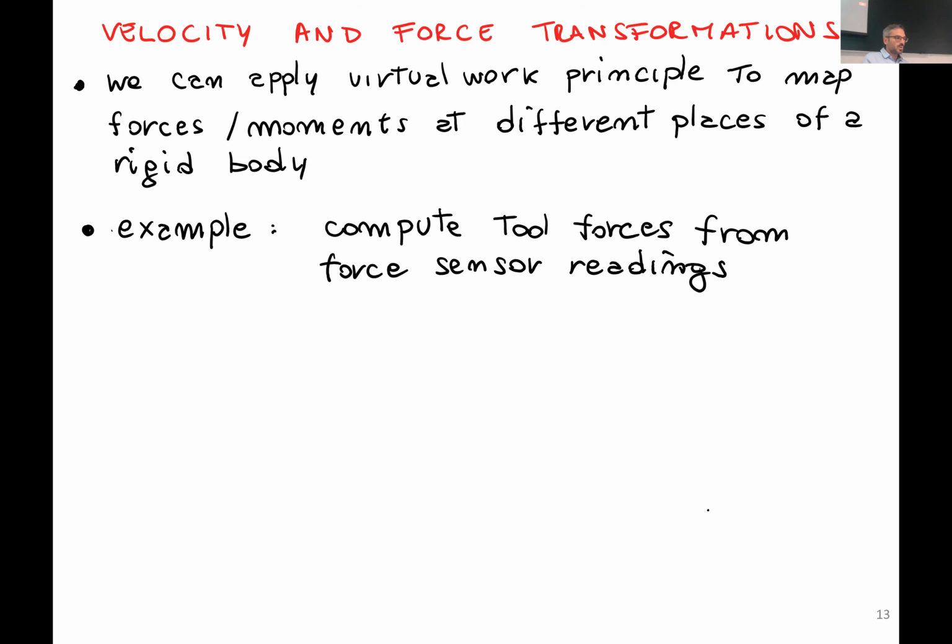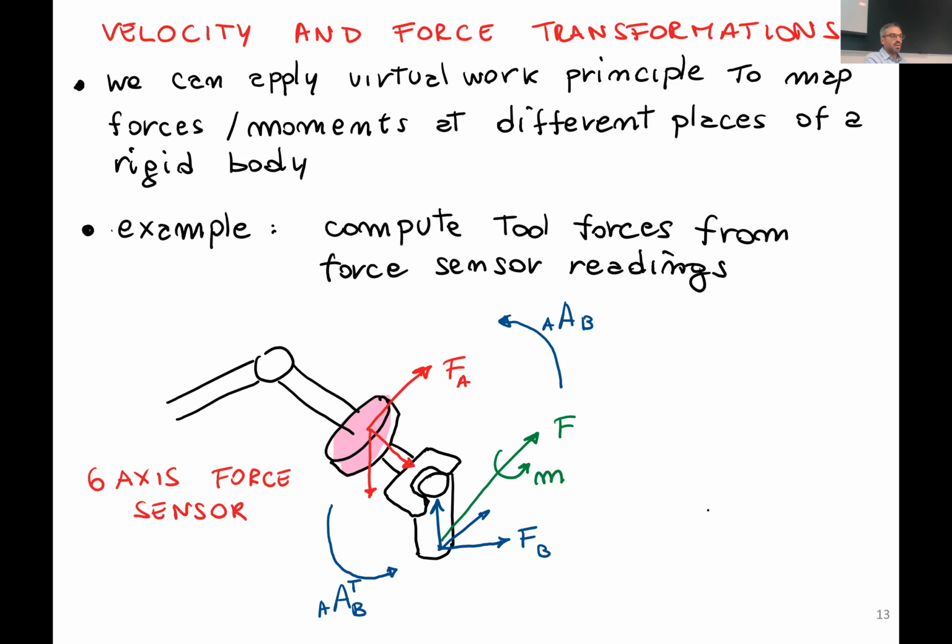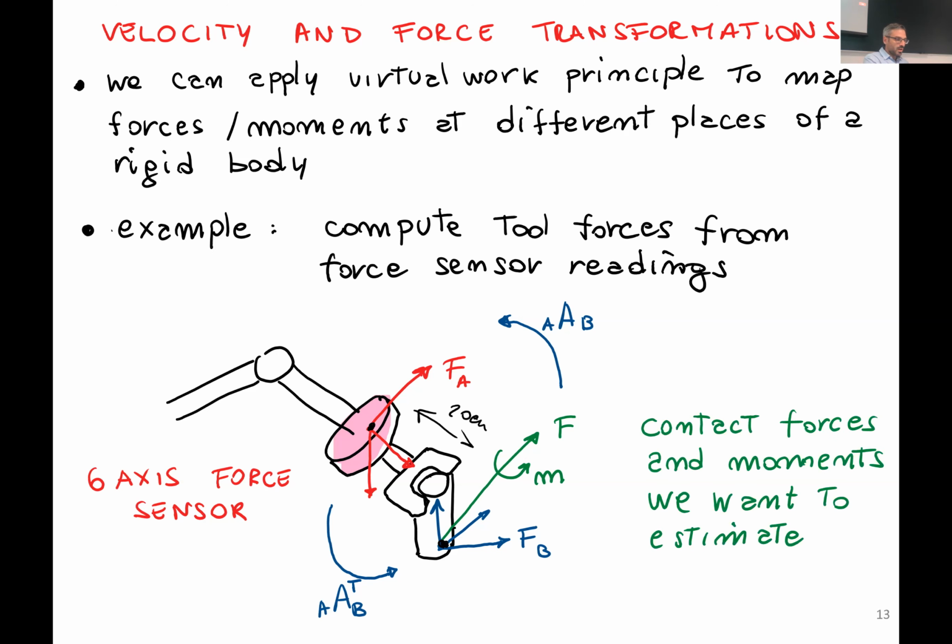And this is the case, for example, when you want to compute forces at the end effector or the tool, and you have your readings that are coming from a force sensor that is located along, for example, the last link at, I don't know, 20 centimeter distance. So it's not exactly the point where you compute the force. So you measure the forces here, but you are interested in getting an estimate of the forces in this point or in this point, where the end effector is applying.